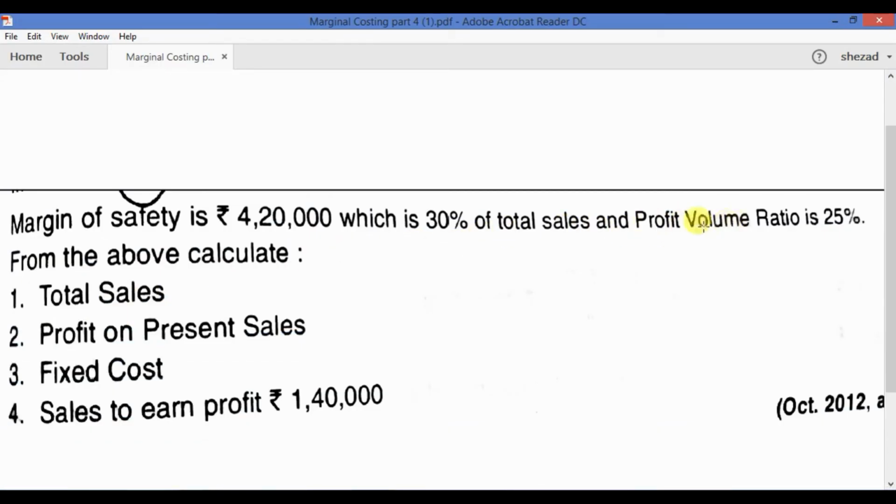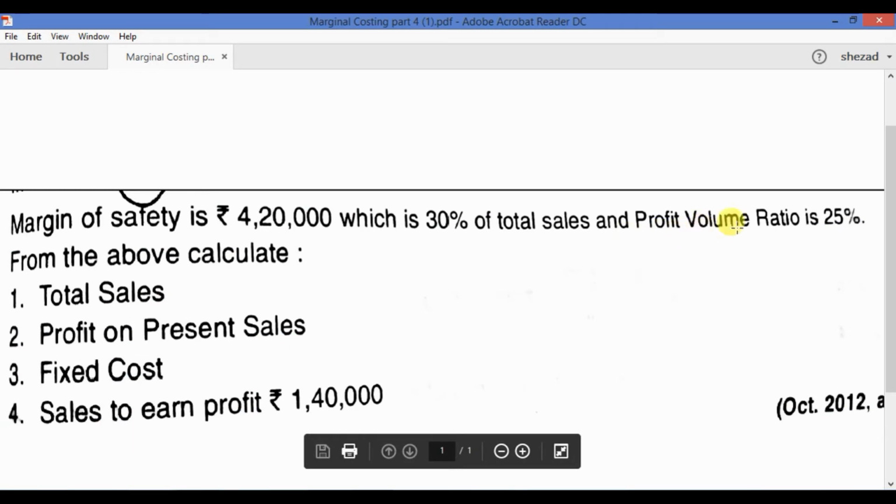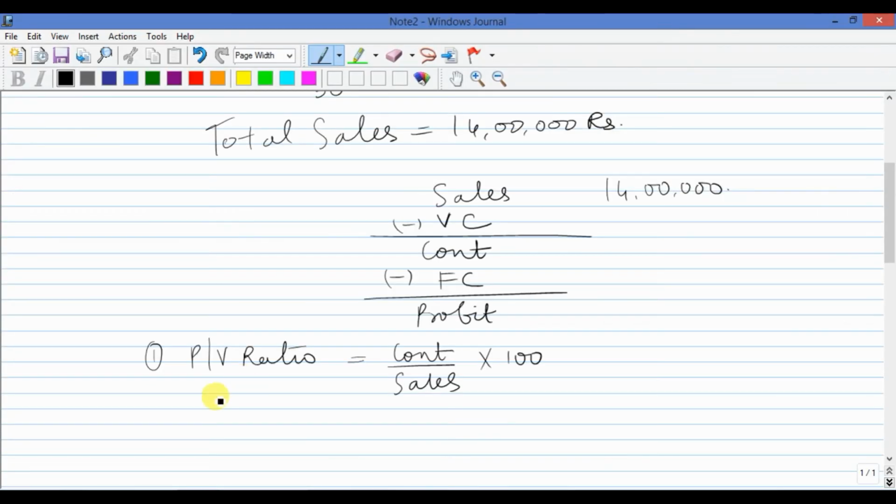The profit volume ratio is nothing but contribution divided by the sales and multiplied by 100. The profit volume ratio is 25%, so I'm writing 25. Contribution I'm not aware of. Sales is 14 lakhs, and this I'm going to multiply by 100.